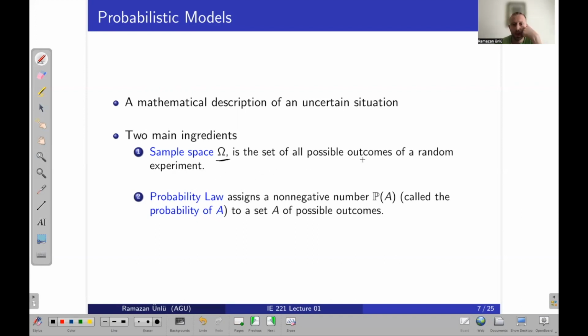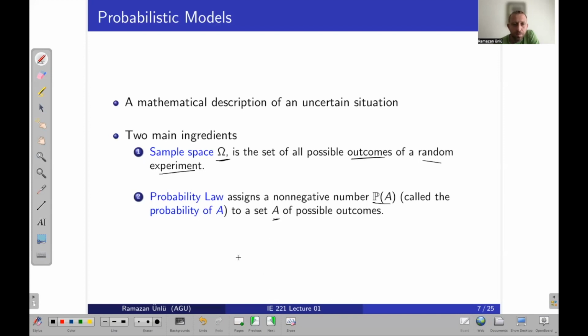And we will look at the terms outcomes and random experiments a bit later. And then the second ingredient is the probability law. So this is simply a non-negative number, and we write it P of A, okay? And this is called the probability of A. So these numbers will be assigned to each event A, okay?